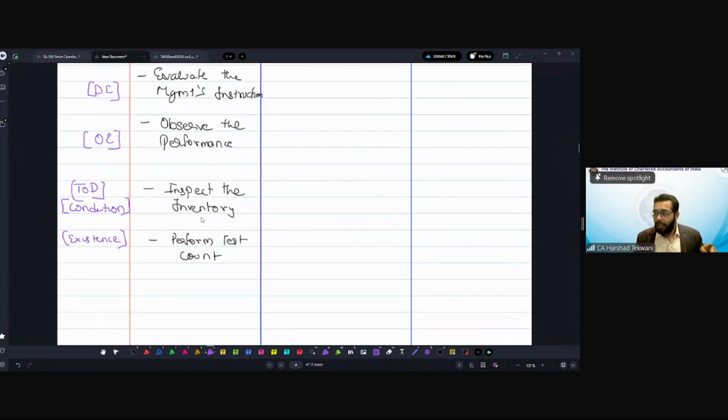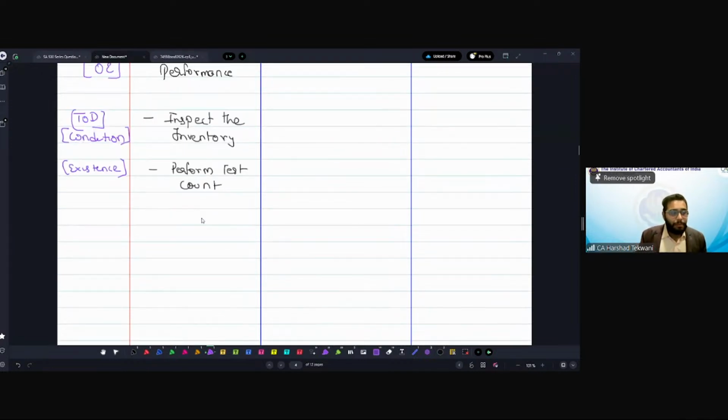After all this, you need to perform procedures over inventory final records, whether the deviations have been booked or not.